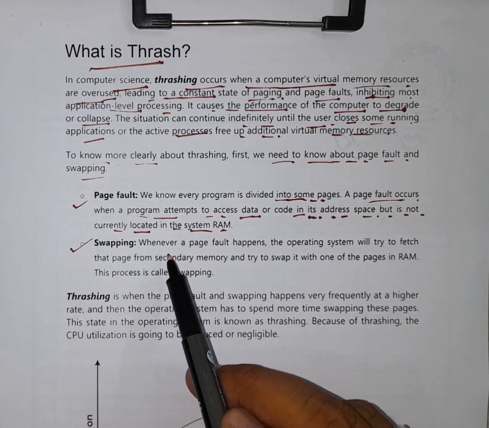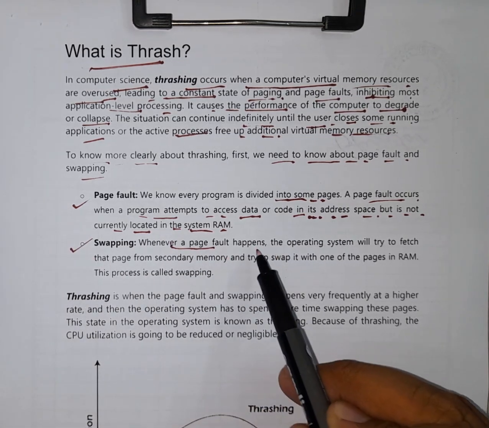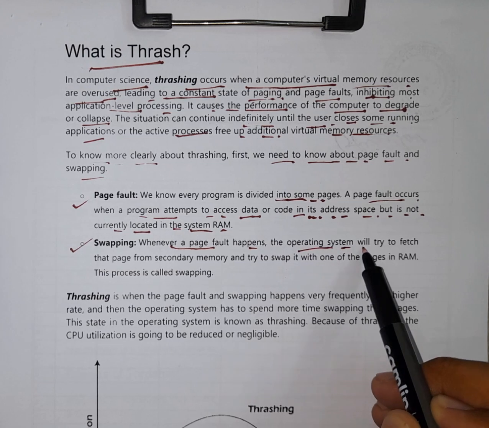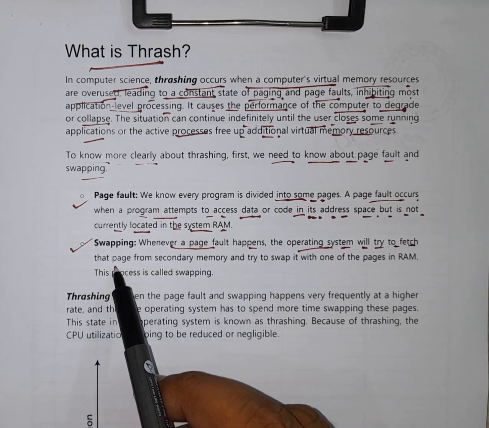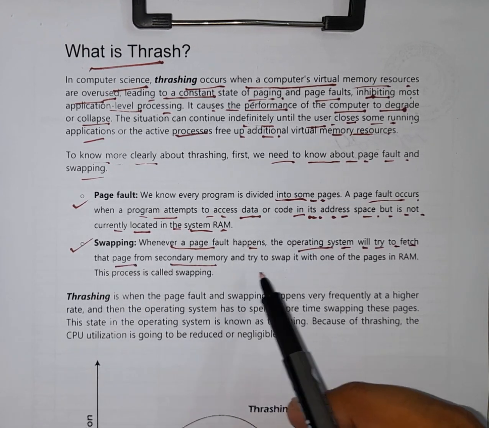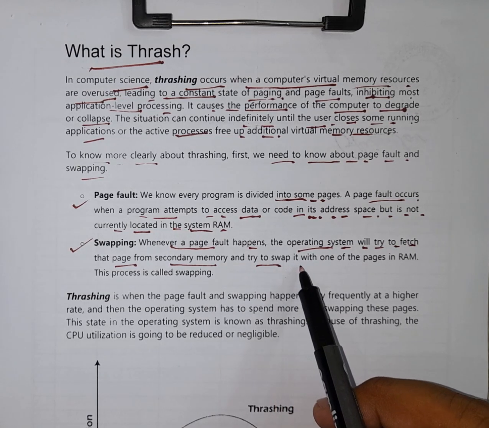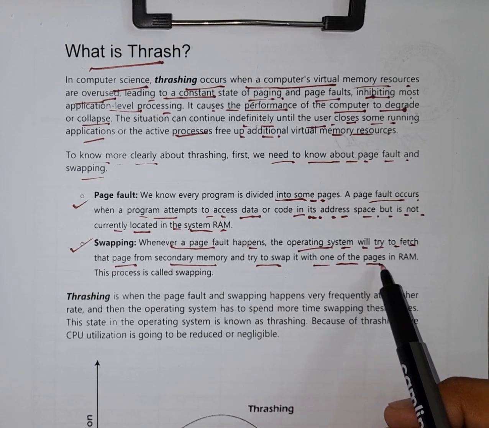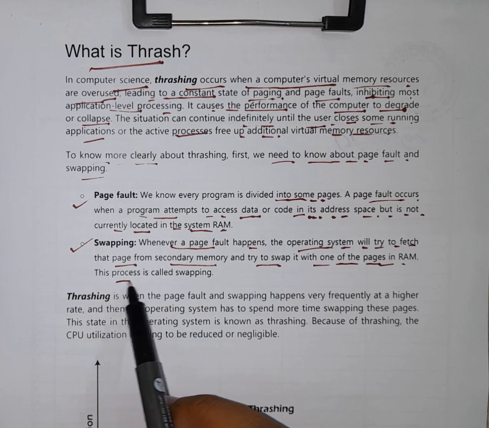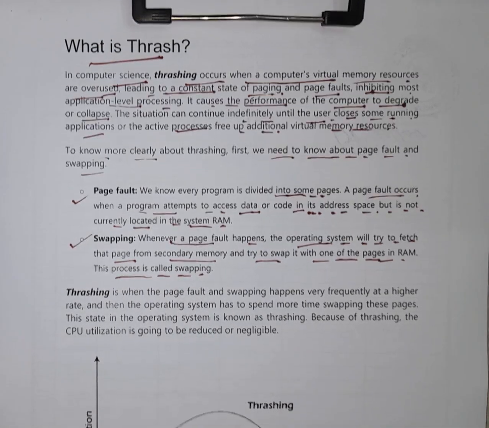Another one, swapping. Whenever a page fault happens, the operating system will try to fetch the page from the secondary memory and swap it with one of the pages in RAM. This process is called swapping.